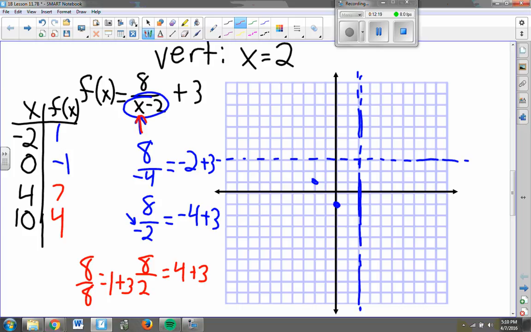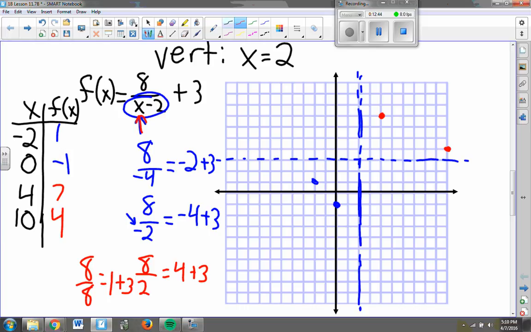So, if I'm out at 4 in the x, 1, 2, 3, 4, I should be up at 7 in the y. 1, 2, 3, 4, 5, 6, 7 right there. And if I'm out all the way at 10, I should be at 4 in the y, which is right there. Okay? So, again, we know our function looks like two boomerangs that never cross, but are bending towards each other, basically.